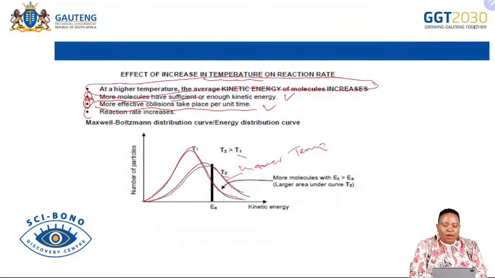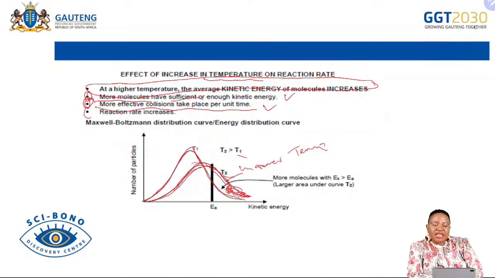The graph becomes shorter. It's below the first one and towards the right hand side. Smaller, lower temperature; higher. So here it shows that there are more particles with sufficient activation energy.